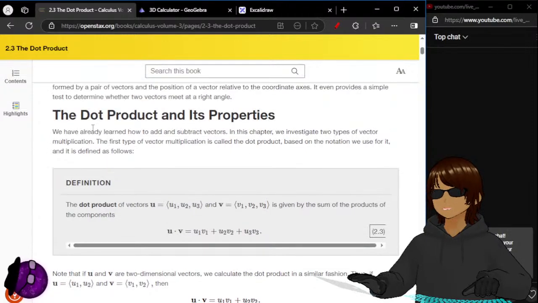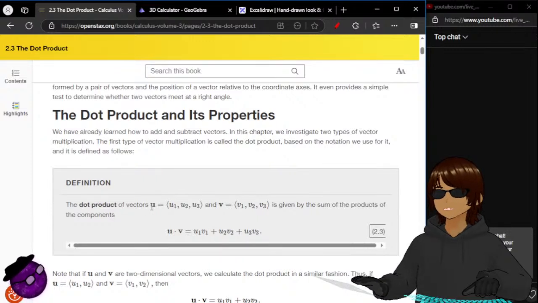We have already learned how to add and subtract vectors. In this chapter, we investigate two types of vector multiplication. The first type of vector multiplication is called the dot product, based on the notation we use for it. It is defined as follows. The dot product of vectors u and v is given by the sum of the products of the components.